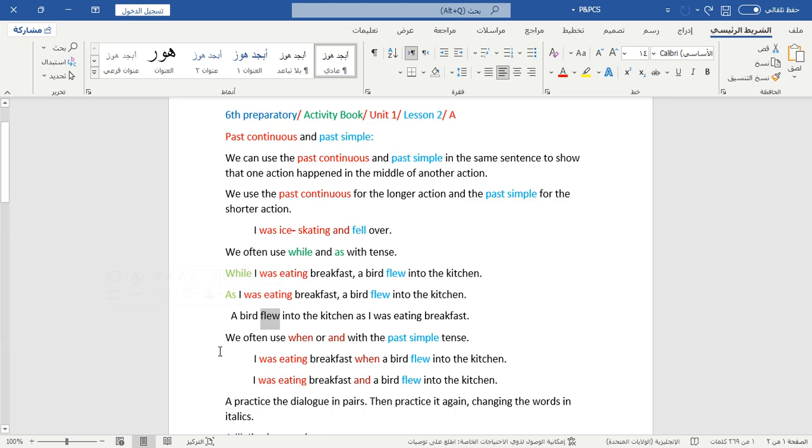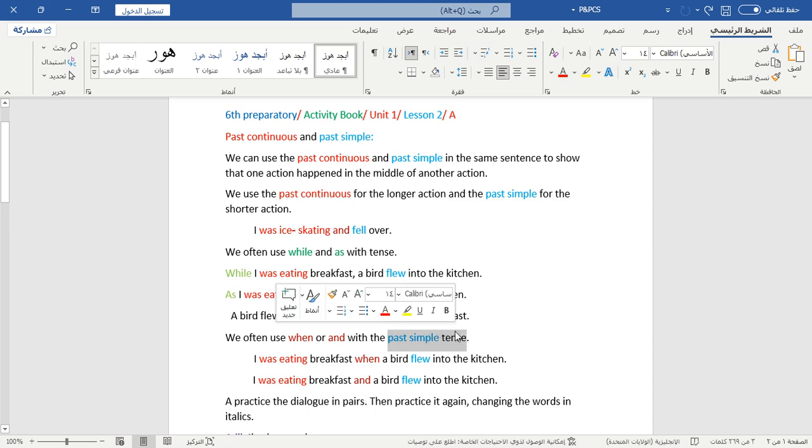So, let's continue our lesson. We often use when with the past simple tense. What does that mean? The first action followed by when should be in the past simple tense.